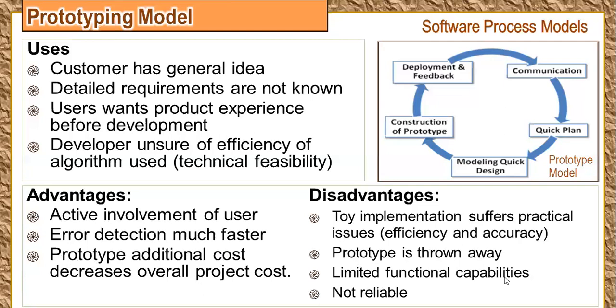A prototype is not as vast as the software that you are going to develop, not as vast as the product that you are going to deliver to the client. So these limited functional capabilities give you a short-scoped view, not a very large vision of how your software will look. And you can say it is not reliable because you cannot depend on the prototype. It can never be a substitute for the software that you are developing.